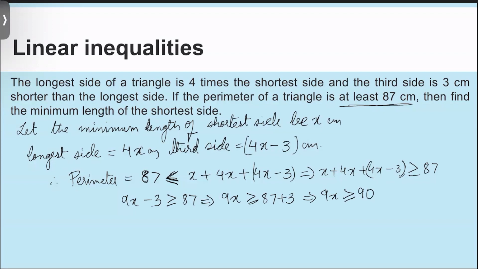Now you divide both sides of the inequality by the coefficient of the variable, so this is divided by 9. So you have x greater than or equal to 10.